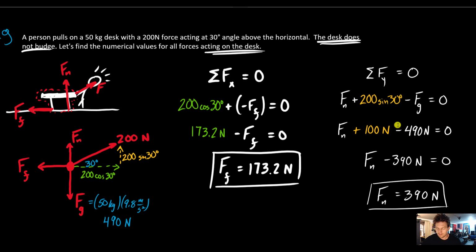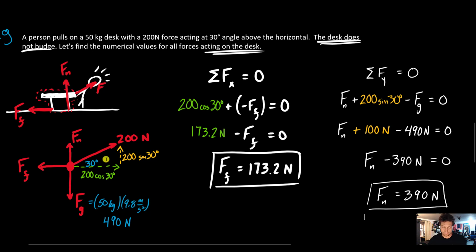Boom. Right? So we used this force that's at an angle, and we could break it up into its pieces in the x direction and the y direction to figure out what are these missing forces that we're trying to solve for. And that's it. All right?